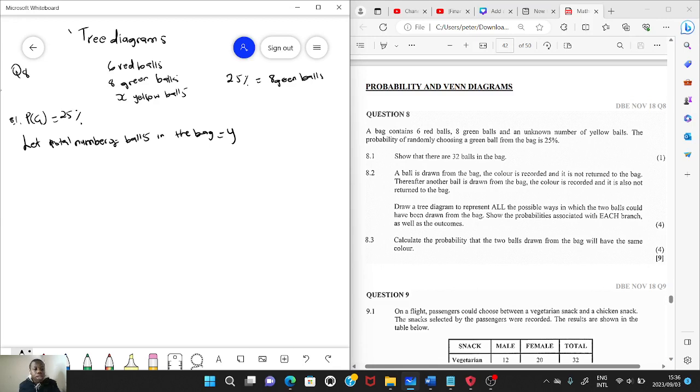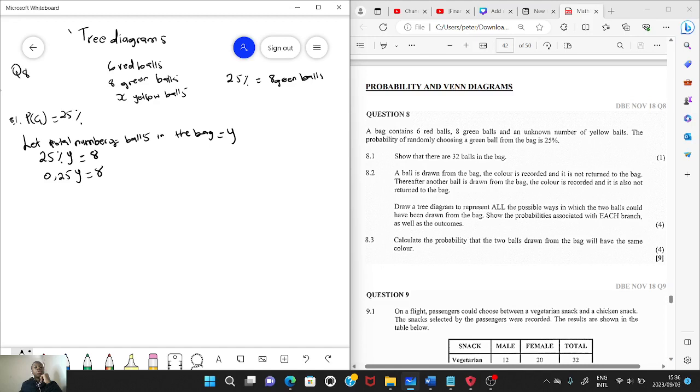The moment I say "of" in maths, we multiply. So I will multiply 25% by y, and we know it's equivalent to the number of green balls. How many green balls do we have? The number of green balls is 8, and 25% is the same as 0.25, so 0.25y is equivalent to 8. Now I'm looking for y, which is the total number of balls in the bag.